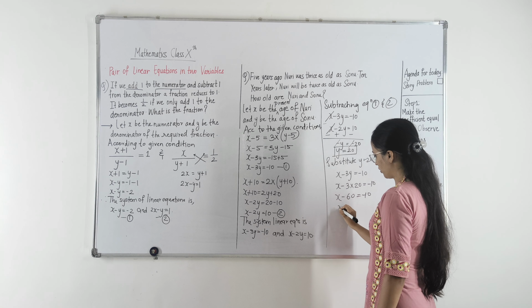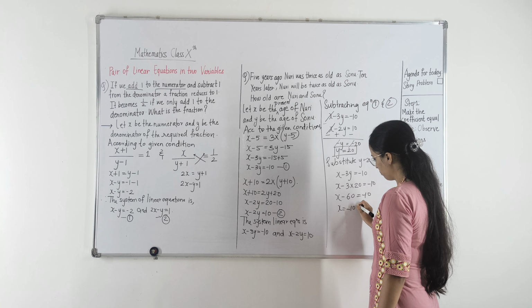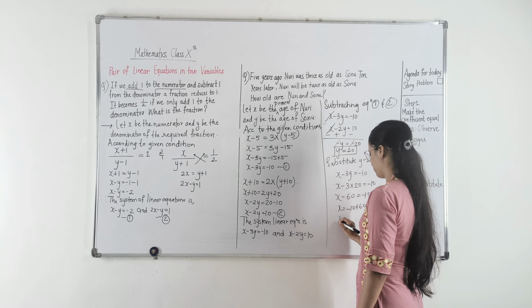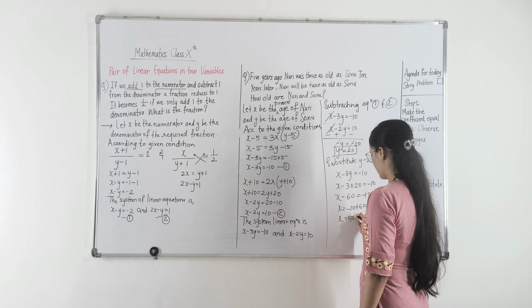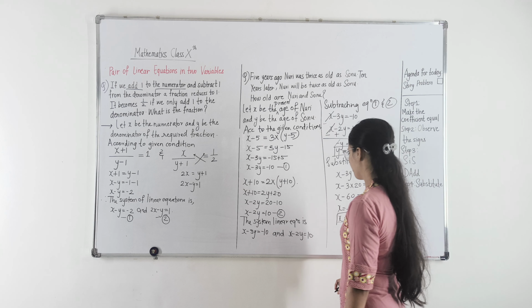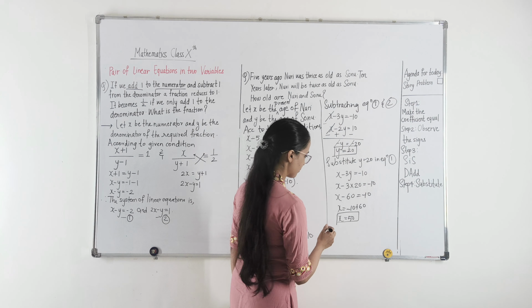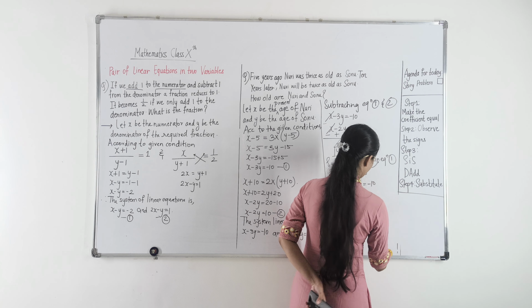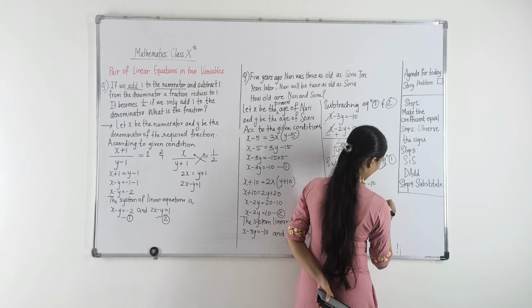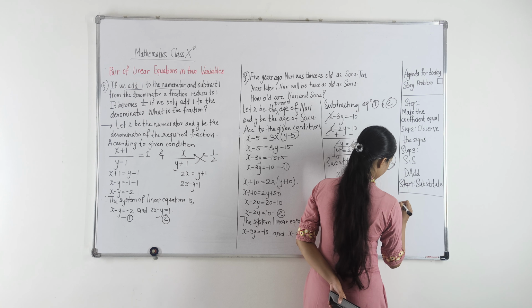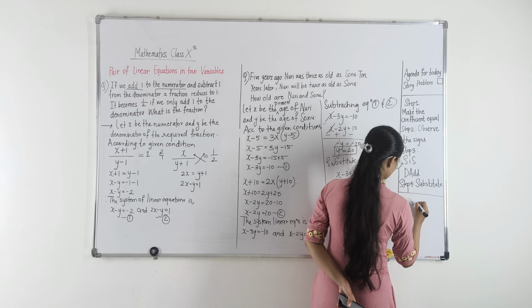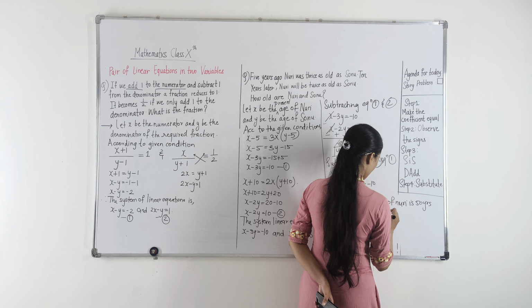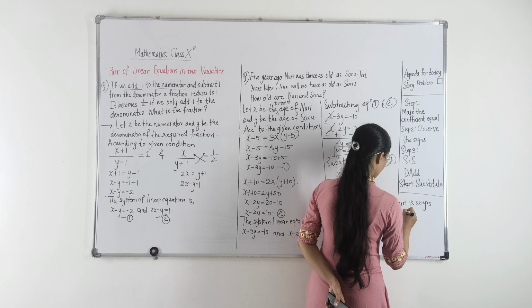And when you shift 60 to the other side, we get minus 10 plus 60, which is plus 50. So we got x as 50, and therefore the final statement would be: age of Nuri is 50 years and Sonu is 30 years old.